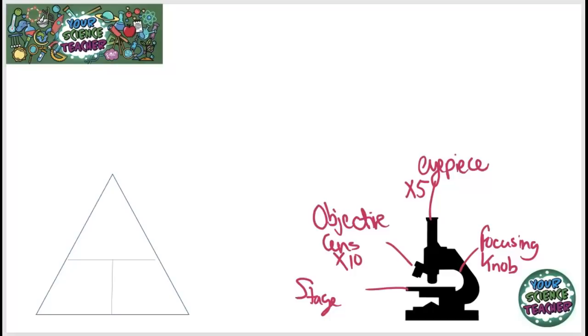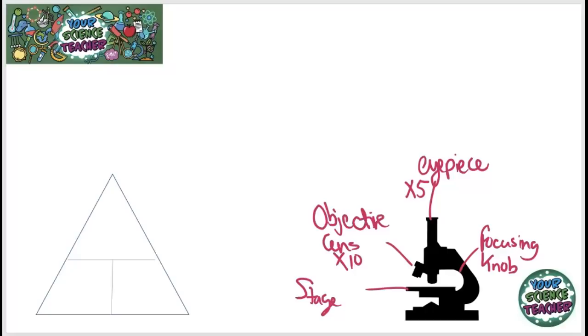Now, if we use our microscope, we can find out the size of our sample by using the magnification equation. And to work out the magnification or work out the actual size, we use this calculation triangle over here.